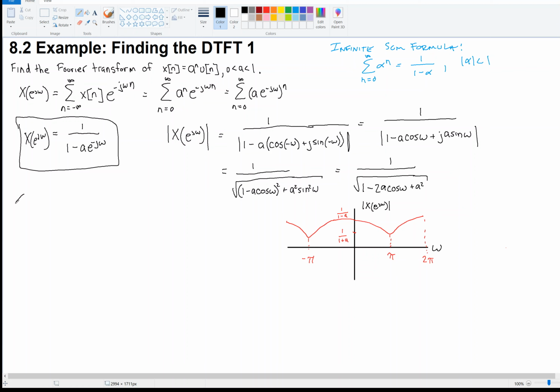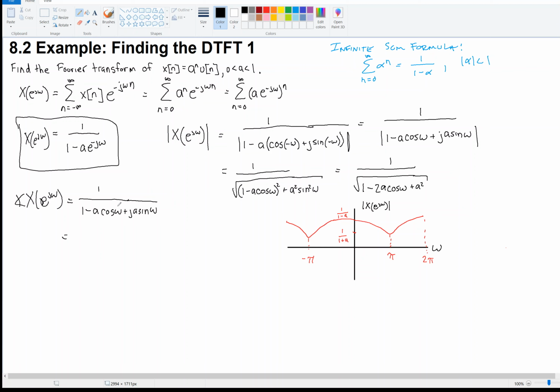Let's look at the phase. The phase of X of e to the j omega. So I will start from here. So remember we had 1 over 1 minus a cosine omega plus j a sine omega, right? And I'm not taking the magnitude anymore because I'm talking about the phase.